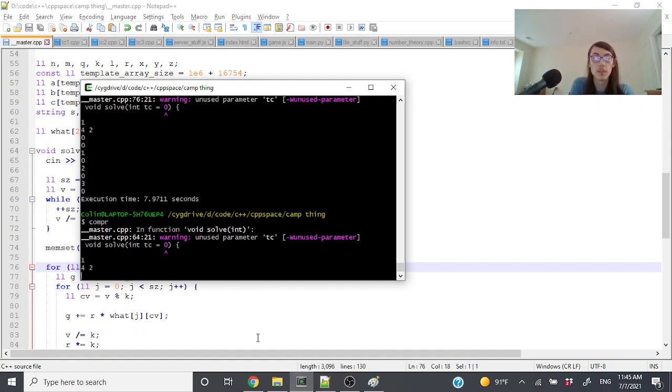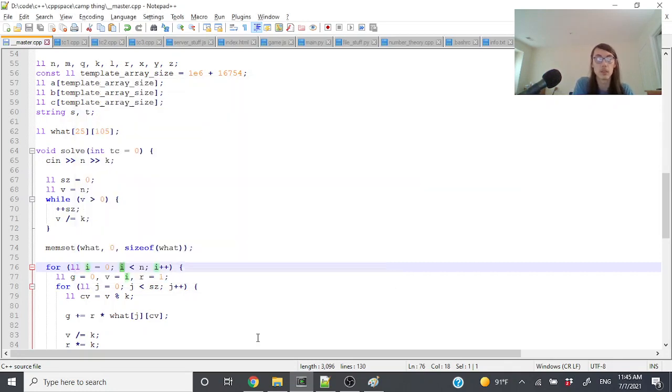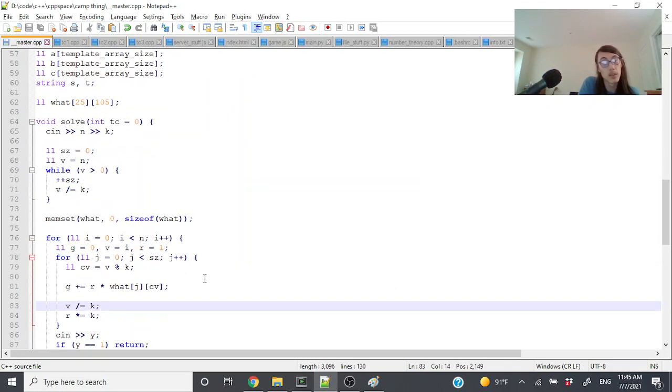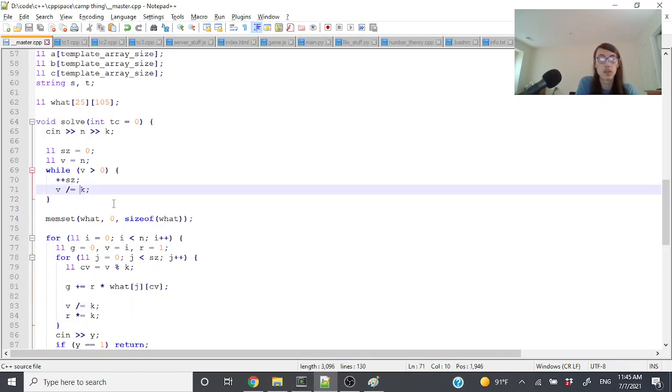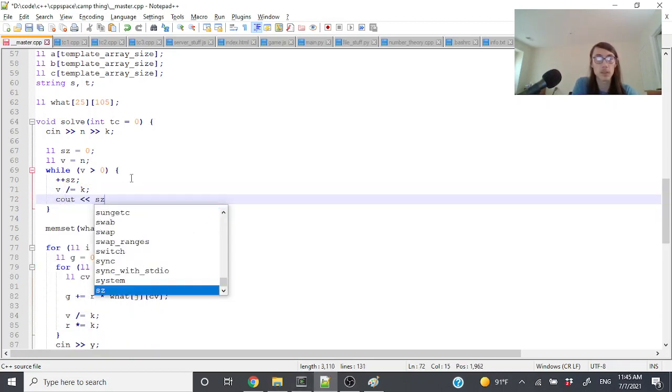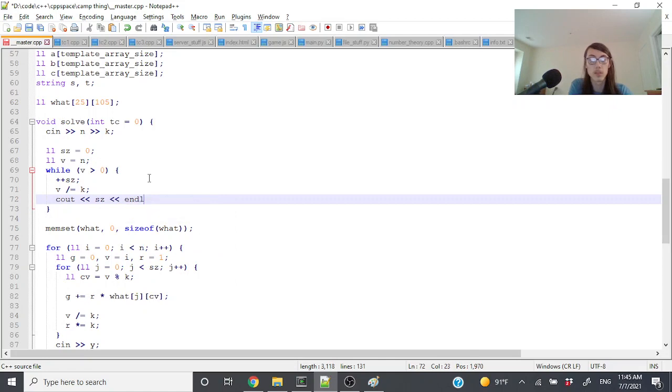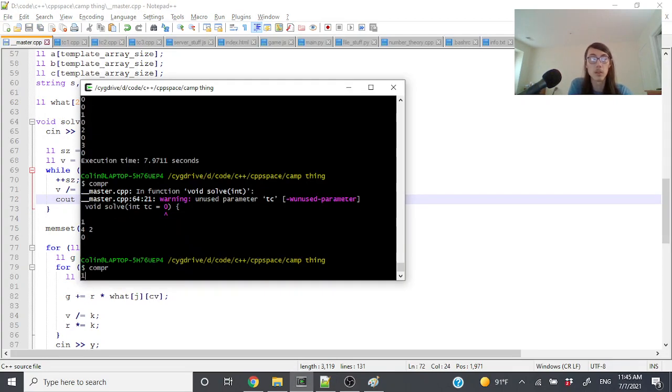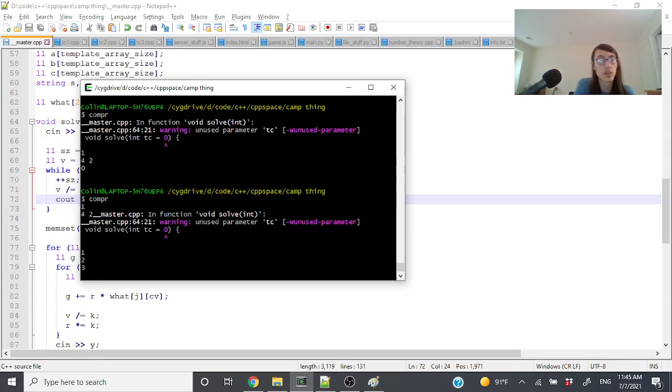4, 2. Huh. Cout size. 1, 4, 2. Oh, it does get 0.